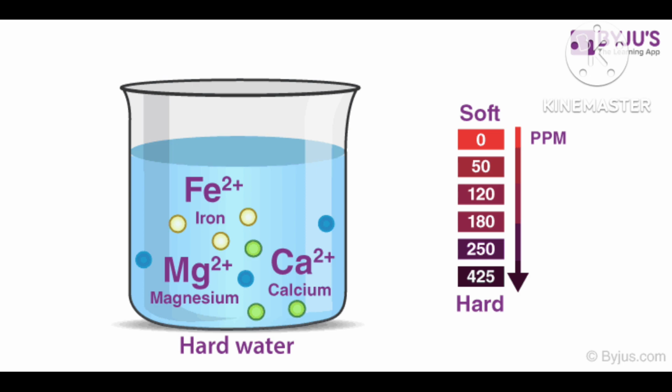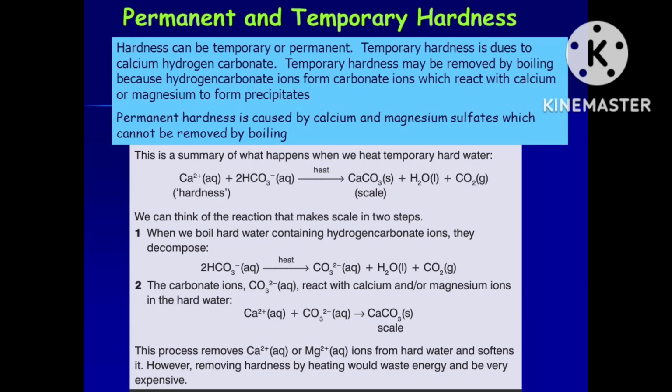How? By passing hard water successively through a cation exchange and an anion exchange, means from both the cation exchanger and the anion exchanger. If you pass the hard water, then cation will be removed and anion will be removed. Cation means calcium, magnesium or any other soluble cation will be removed, and the anion exchanger will remove sulfate and chloride ion.